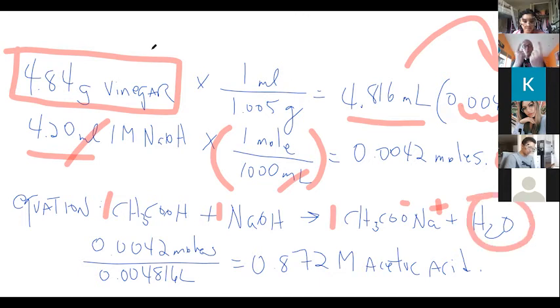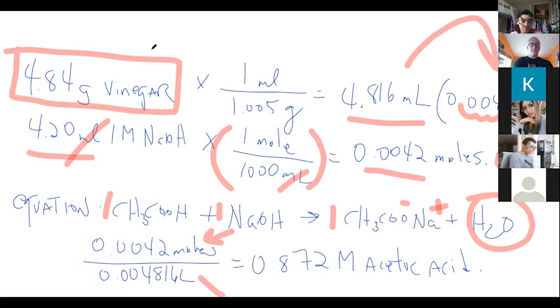And it's a 1-to-1 ratio. So for every 1 mole of sodium hydroxide, that neutralizes 1 mole of acetic acid. So if I have 0.0042 moles of hydroxide, that's how many moles of acetic acid I have.